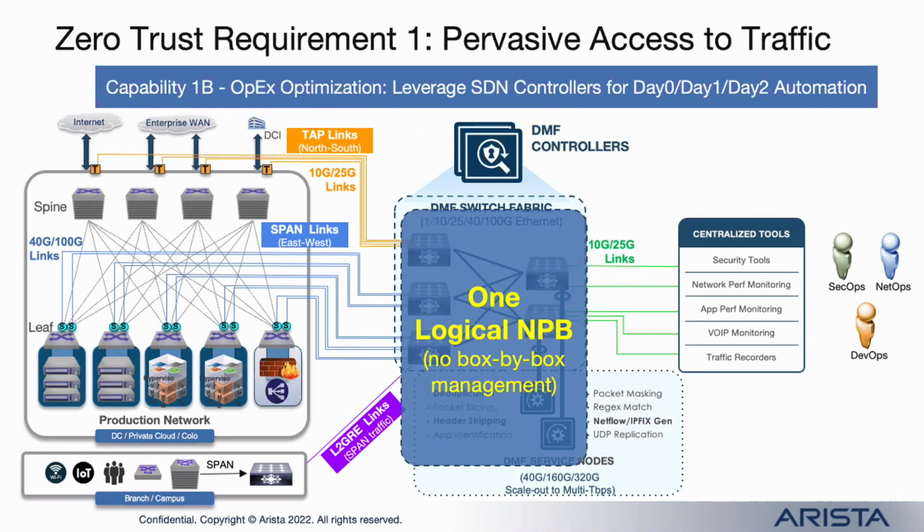And I didn't talk about, maybe I should go back. There are also packet modification systems, which we call service nodes here, that can do deduplication, header stripping. It can also do packet slicing, NetFlow generation, IPFIX generation. So all of those devices are operating as part of one logical NPB. Now, why is this OpEx simple?